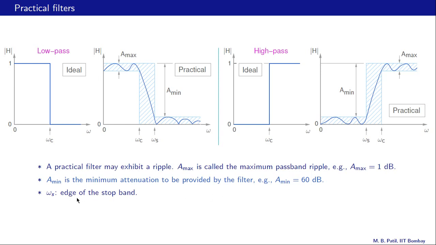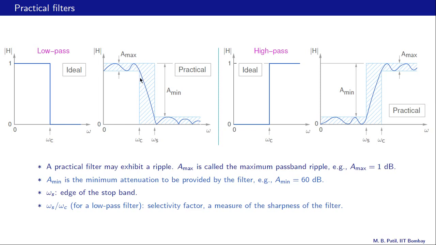Omega s is called the edge of the stop band, this one here and this one here. Omega s by omega c for a low pass filter, the ratio of these two, is called the selectivity factor, and that is a measure of the sharpness of the filter. If omega s and omega c are very close, that means our response is going to be much better.